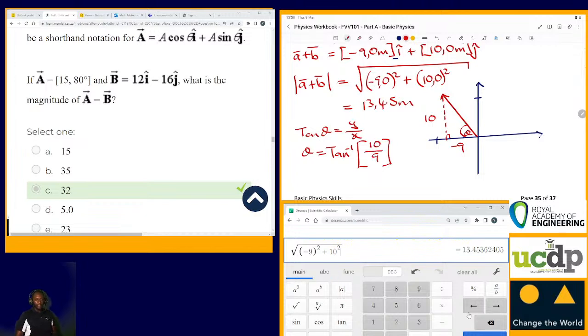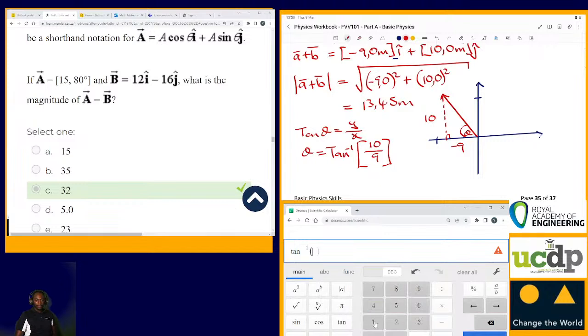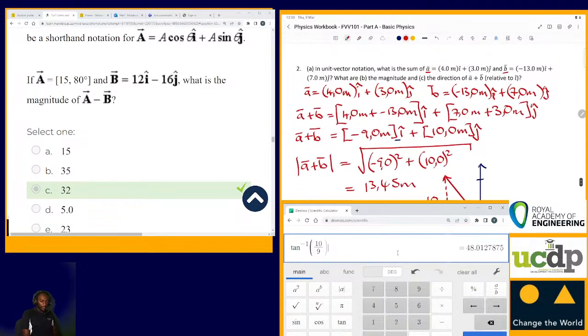And we have to punch that. Arctan, so we get 48 degrees.